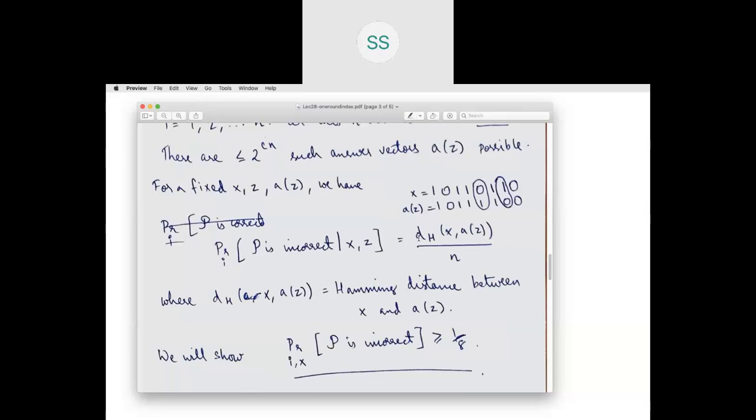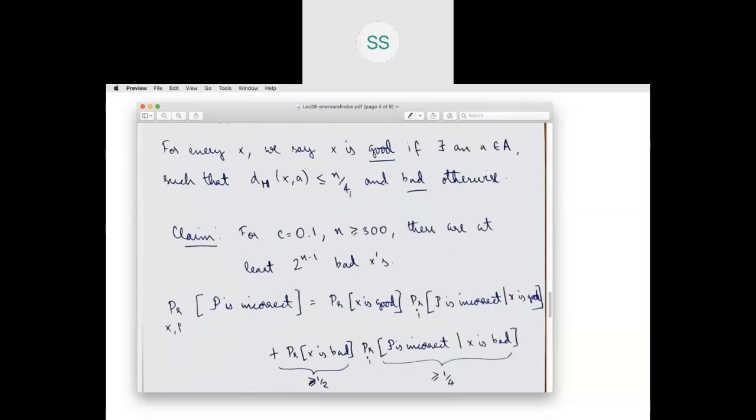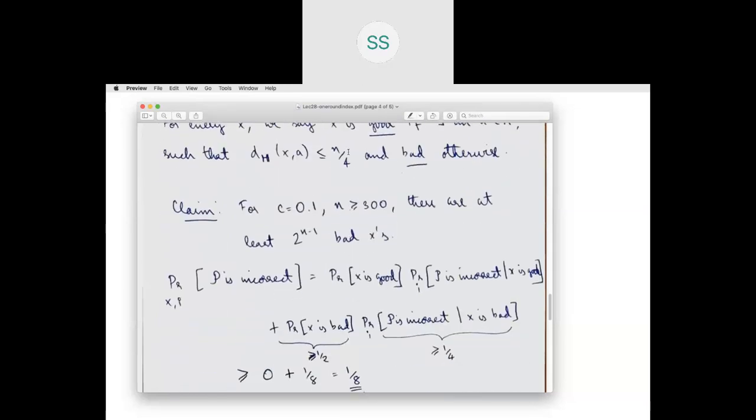It is the Hamming distance divided by n. So if the Hamming distance is at least n/4, the probability that P is incorrect is at least 1/4. So for a bad x, the probability that P is incorrect is at least 1/4. Hence, this term is lower bounded by half times 1/4, which is 1/8.